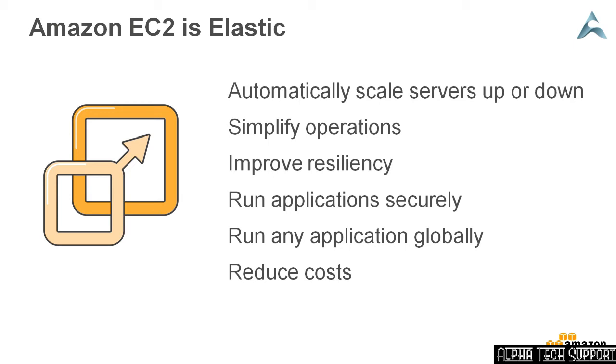You can run applications globally. You can choose from content delivery network CDN that makes a copy of your content closer to the region where it is actually used or in demand.